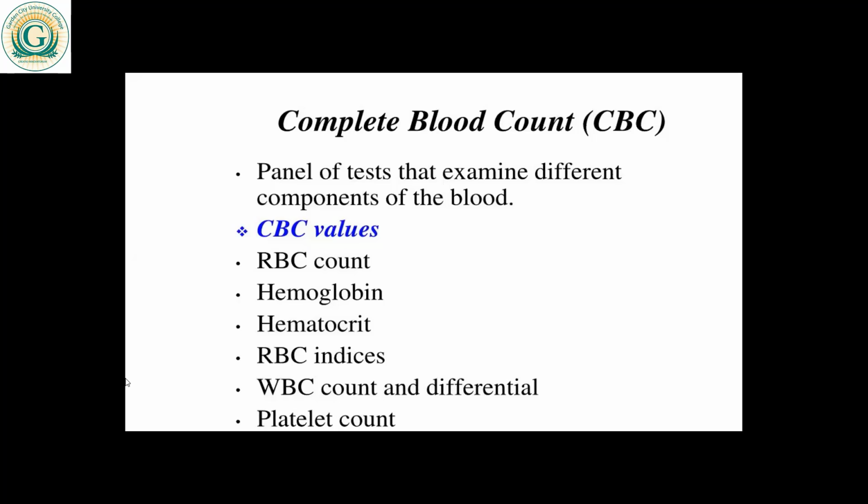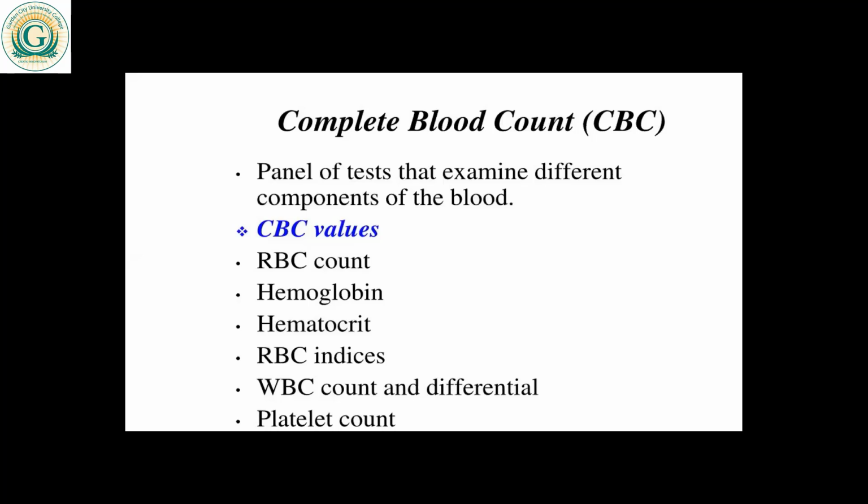Then we look at red blood cell indices. So with red blood cell indices, we have the MCV, the mean cell volume. We have MCHC, the mean corpuscular hemoglobin concentration. We have others, okay. Then we have white blood cell counts, looking at the number of white blood cells and its differentials.